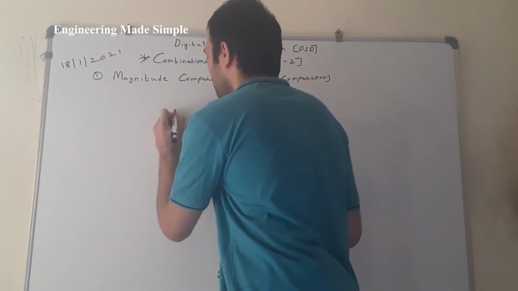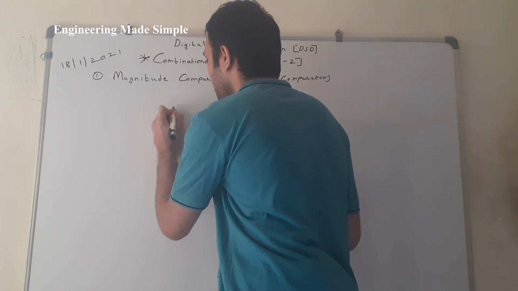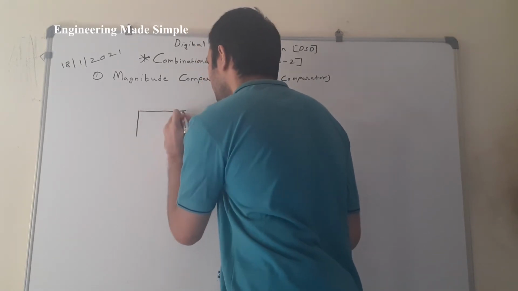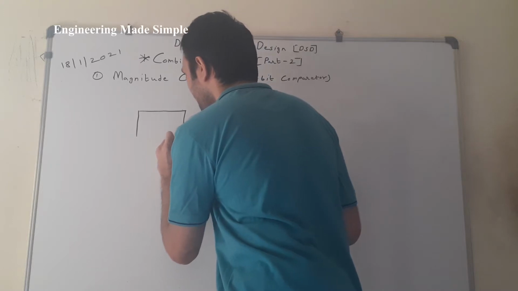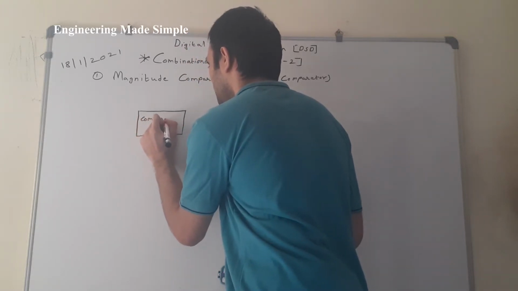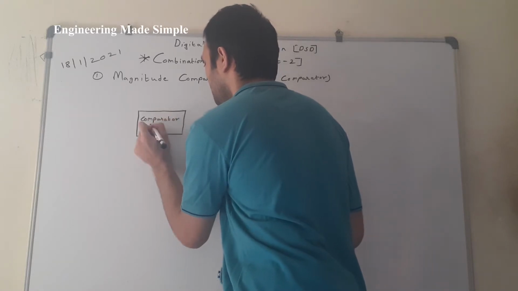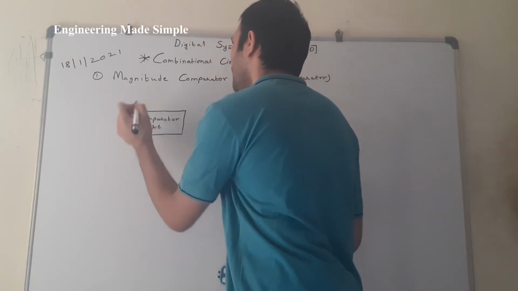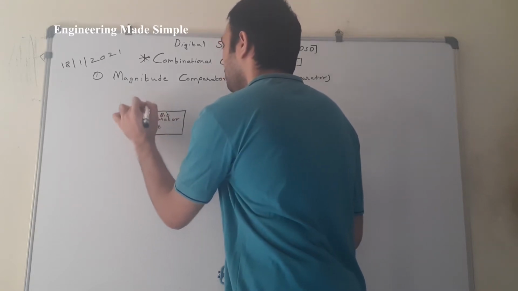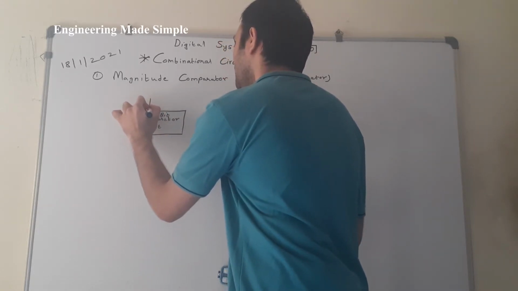Okay, so now what is a 2-bit comparator? We will draw the basic block diagram. Now this is the comparator circuit, and this is a 2-bit comparator. So what will be the word length over here?